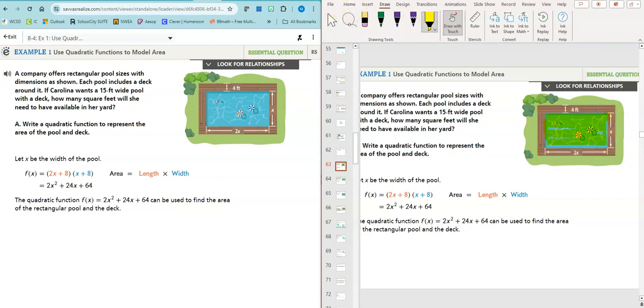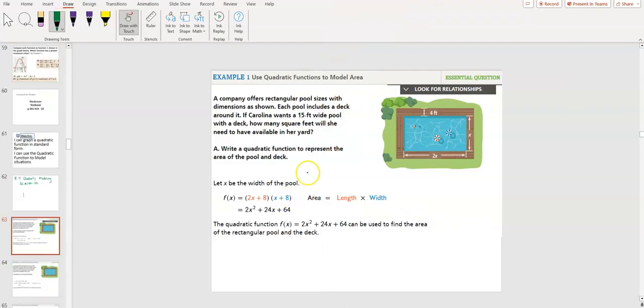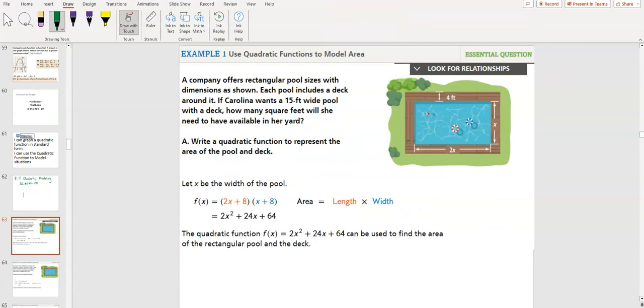There you go. That's how they got this answer right here. Let me make this a little bit bigger for you. Okay, so we're going to work off of this right now. That's how they got these numbers right here. They took the 2x, which is the length of the pool, and each of these little lengths here is 4, because we know from this graphic that the deck is 4 feet on all sides.